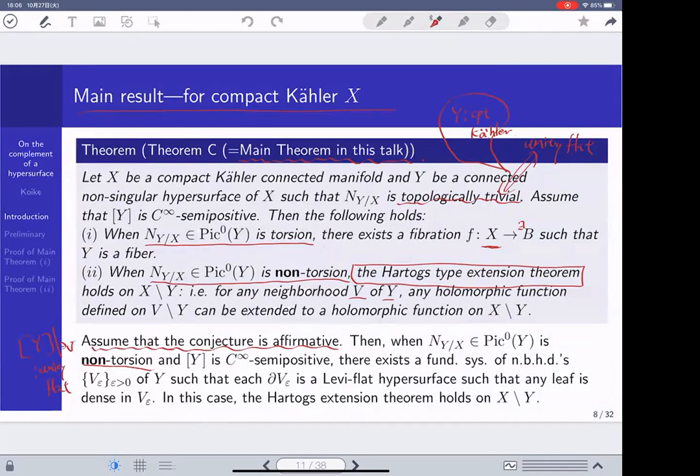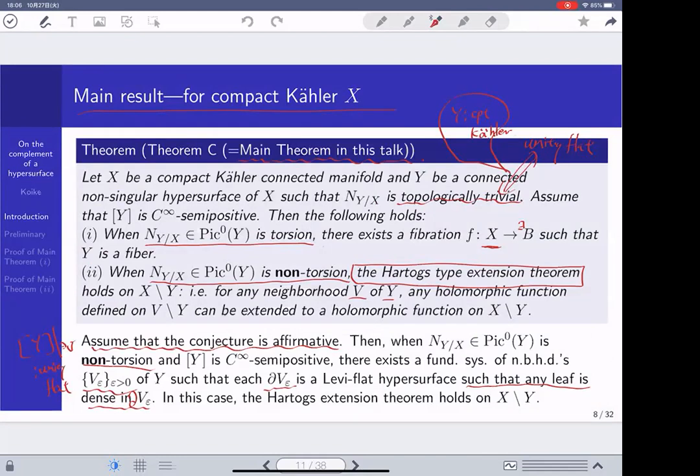So there exists a fundamental system of neighborhoods V epsilon of Y such that each boundary is a unitary flat hypersurface, so that any leaf is dense in the boundary of V epsilon. In this case, the Hartogs extension theorem clearly holds on X set minus Y, because for any V, any holomorphic function on V set minus Y should be constant. So a constant function can clearly be extended.